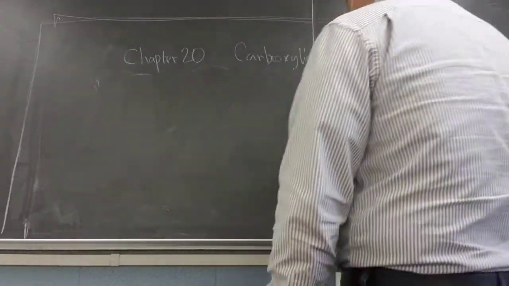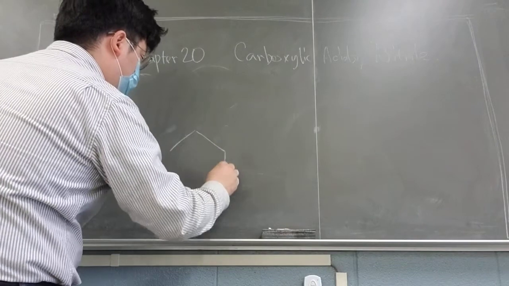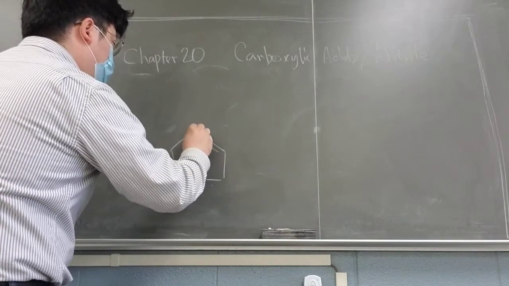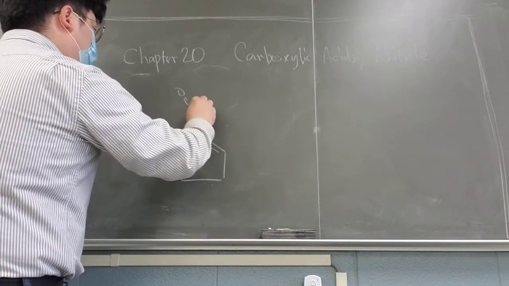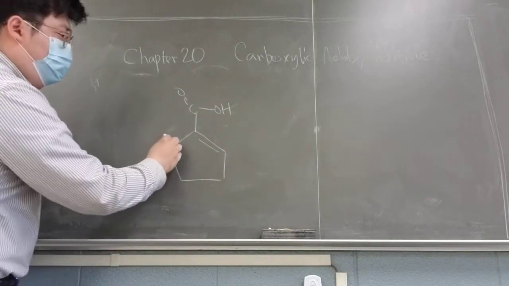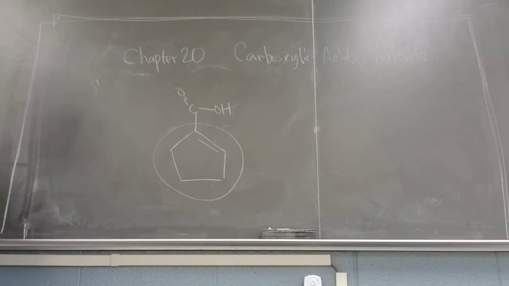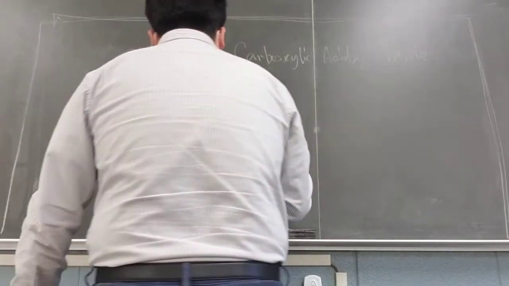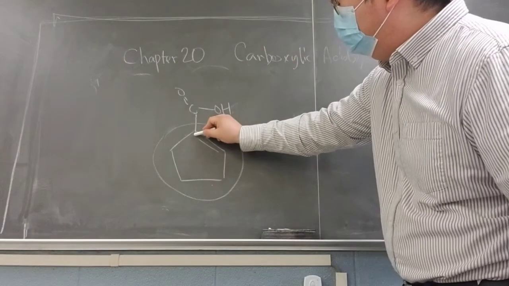Okay, just one more. I will do one more and move on. So if you have this one over here. Now you have a cyclohexene. Okay, so in this case, you're gonna count the carbon from here anyway.